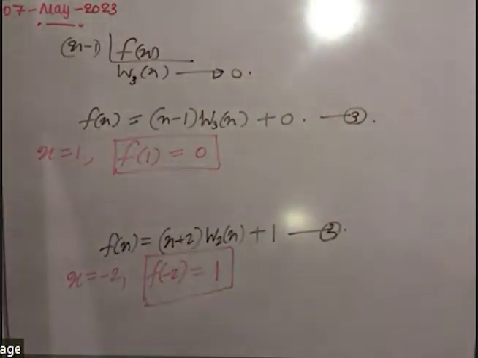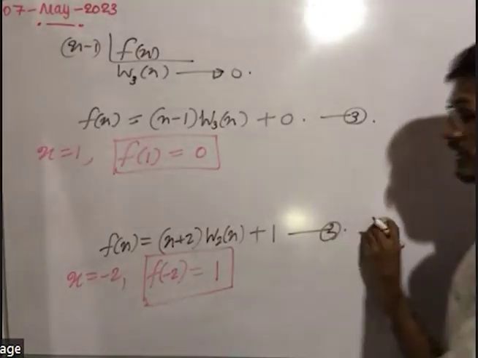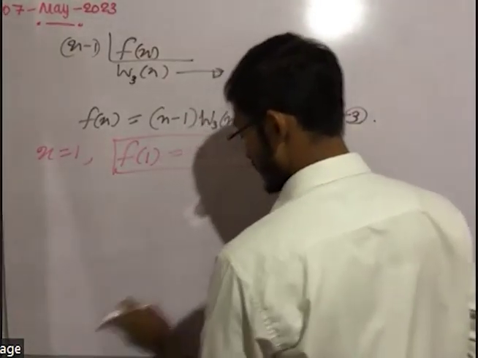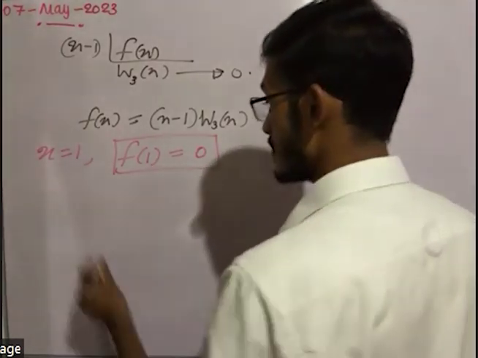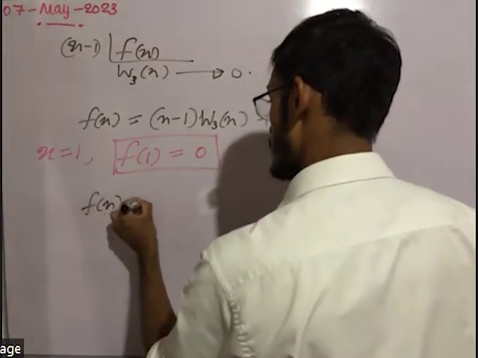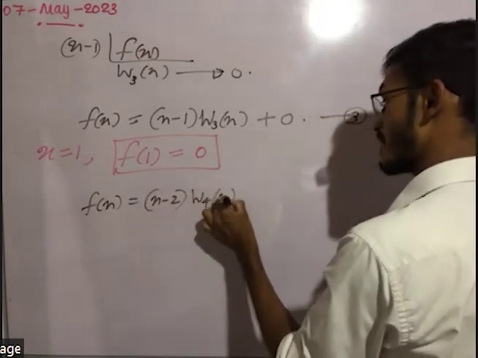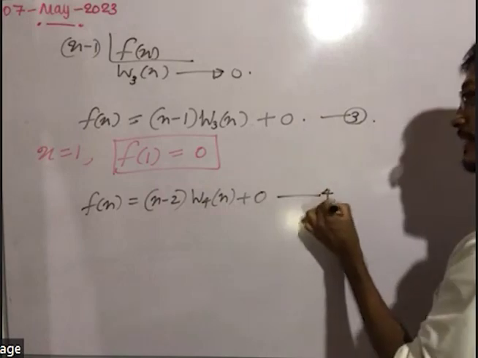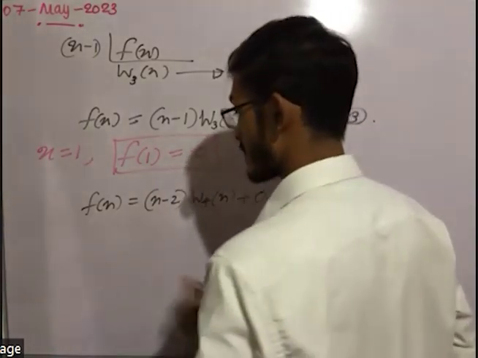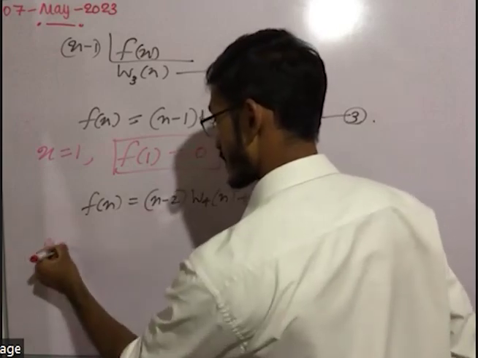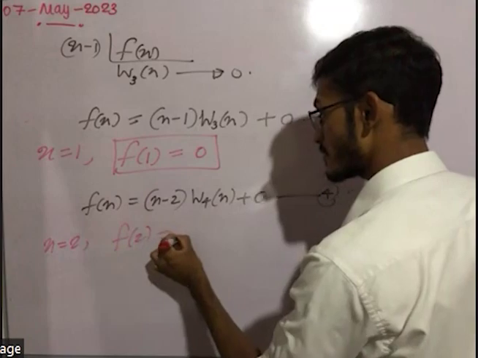And they have said that also x minus 2 is a factor of f(x). So x minus 1 is a factor, then x minus 2 is also a factor. So we can write down f(x) is equal to (x minus 2) into w(x) plus 0. Number 4. So when you substitute x equal to 2, f(2) is equal to 0.